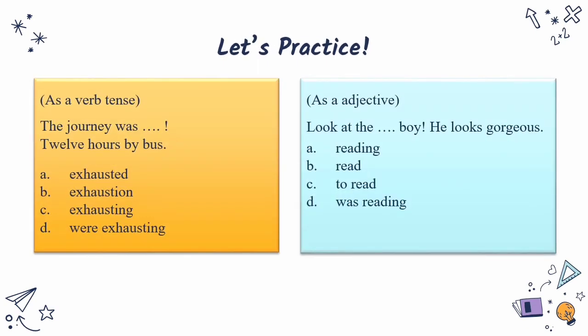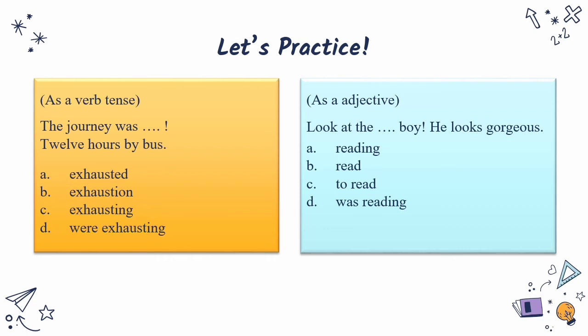Okay, now let's practice. For question number 1, as a verb tense. The journey was blank, 12 hours by bus. We can choose the answer: A, exhausted, B, exhausting, C, exhausting, D, were exhausting.